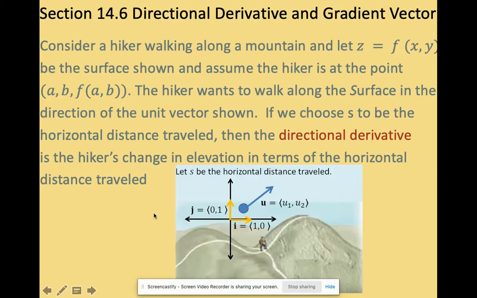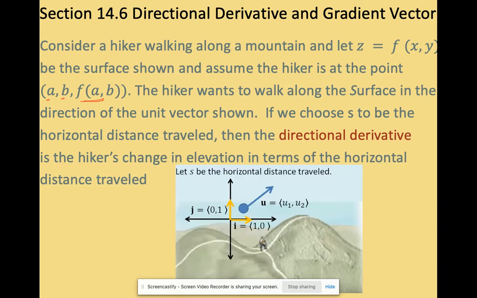So here's one of the applications of this. I'm hiking along a mountain, and I have lots of different elevations, obviously. I have a horizontal, a vertical, and a height position.